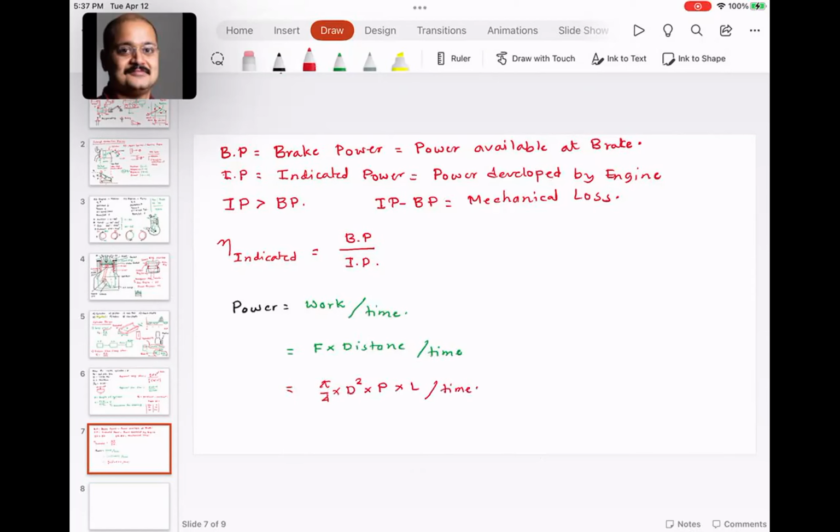So now I'm going to combine these terms together. So what I have here is pressure multiplied by volume per time.